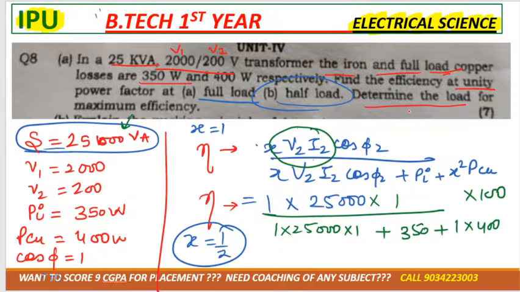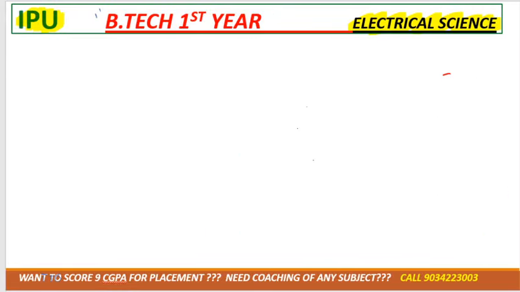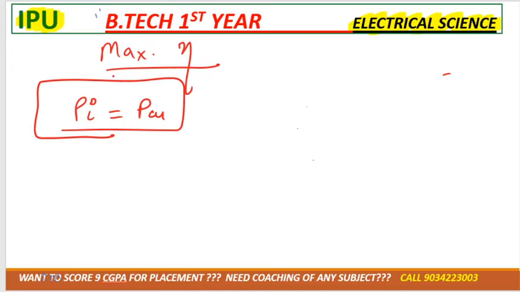Now they are asking to determine the load for maximum efficiency. Basically, for maximum efficiency there is one condition: if iron losses are equal to copper losses, then that would be maximum efficiency. In this case, the copper losses depend on load, as I told you.